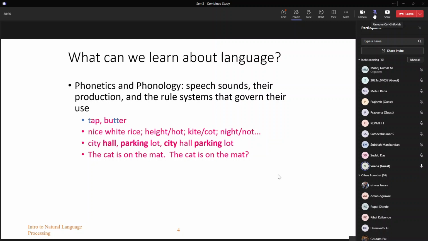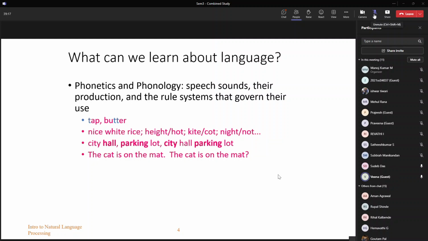Let me see whether I can get some more examples. What I understood is that when we say "city hall," there is some place where you need to go. The city is not the critical part here. That will come in the pronunciation also, right?